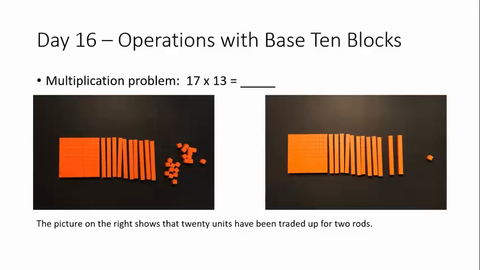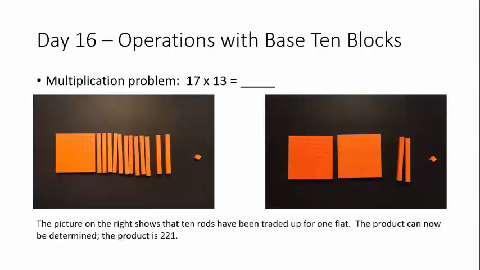Now I trade up. 10 rods will be traded for a flat. You can see that in the picture on the right. After completing all trades, then my product is evident. I have 2 flats, 2 rods, and 1 unit. So the product is 221.